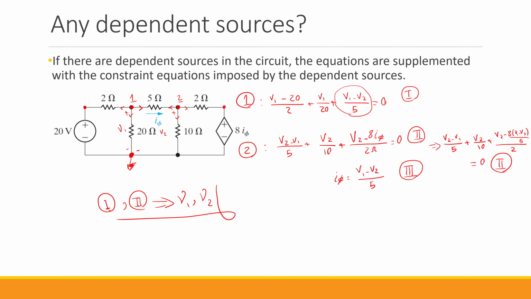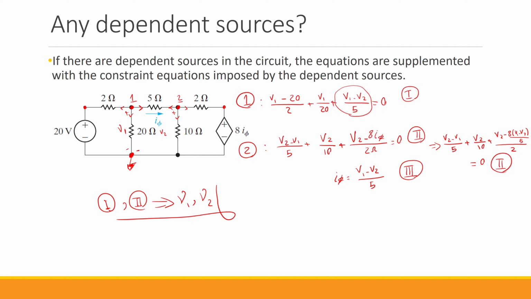But for all intents and purposes, when you find the values for V1 and V2, we practically know everything that we needed to know about this circuit. Any other variable or value can be easily derived using V1 and V2.